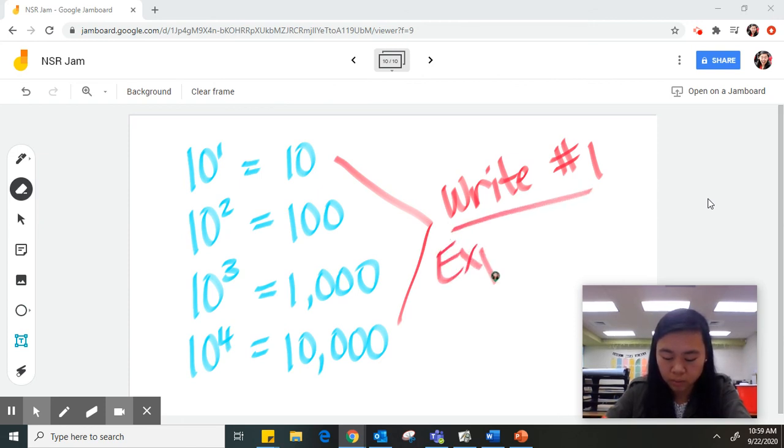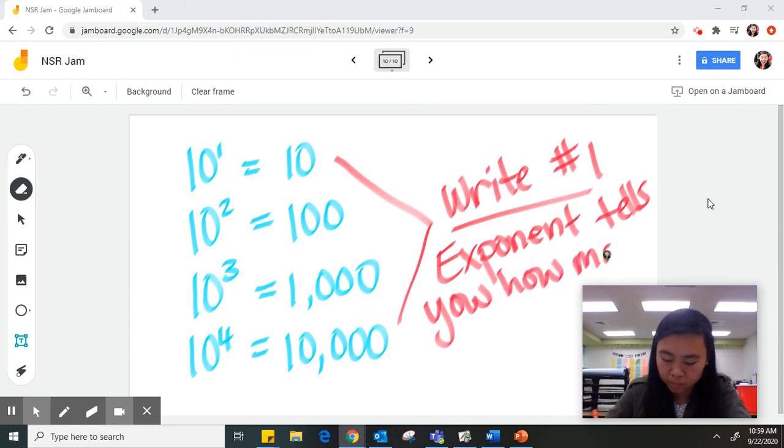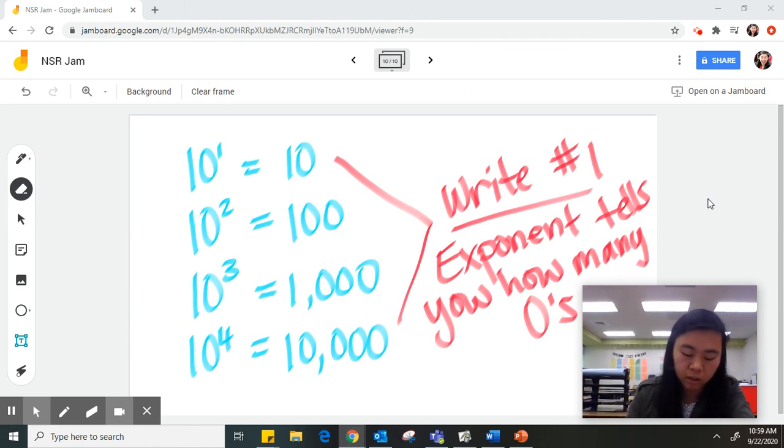The exponent tells you how many zeros. So we see this 10 to the first power, well, I know I have 1 zero. 10 to the second power, 10 squared, got 2 zeros. 10 cubed, got 3 zeros. 10 to the fourth, I have 4 zeros.